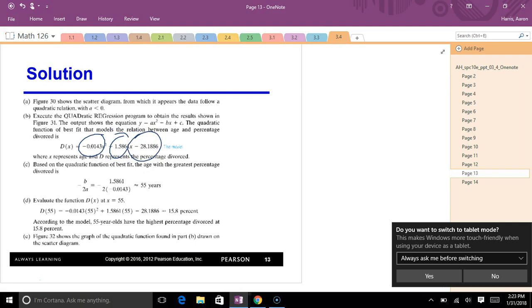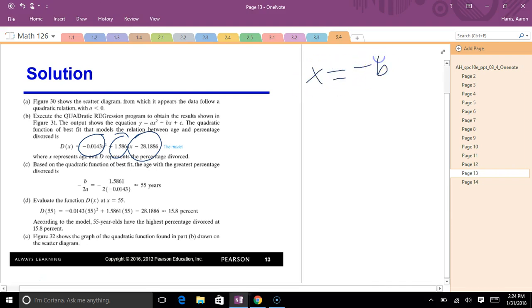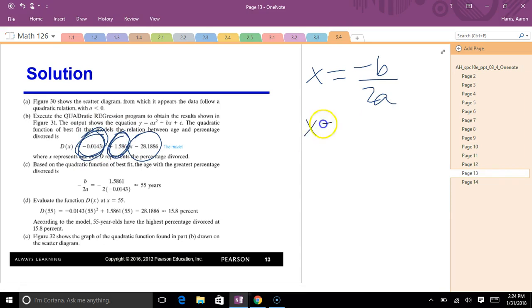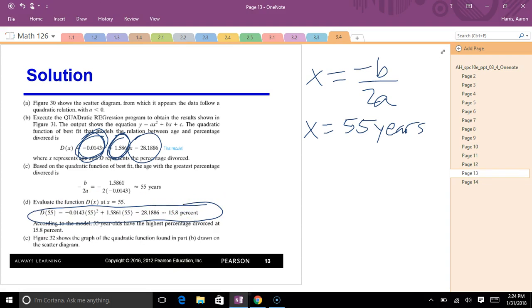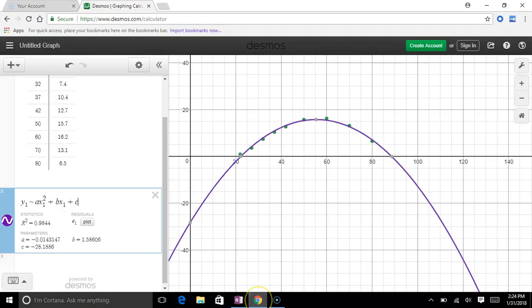After you write the equation, based on the quadratic function of best fit, the age with the greatest percentage divorced is, you just go to x equals negative b over 2a, plug your b in, plug your a in, and the greatest percentage divorced is at 55 years. What's the percentage? Then you just plug the 55 back in. So 55-year-olds have the highest percentage divorced at 15.8%, and so that's it.